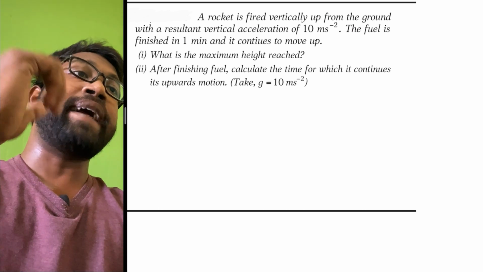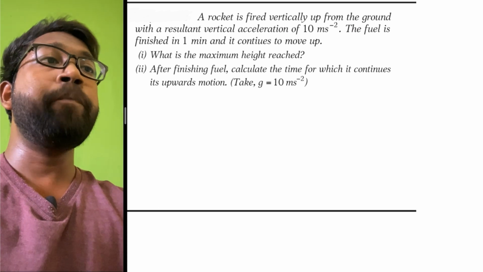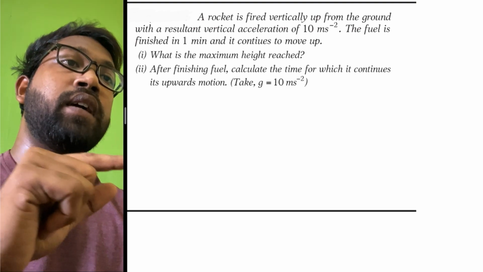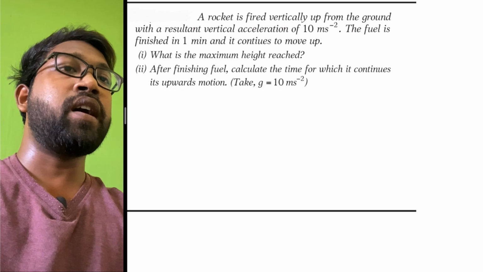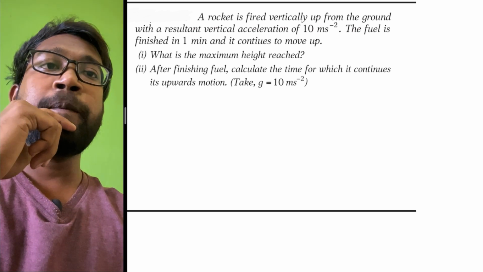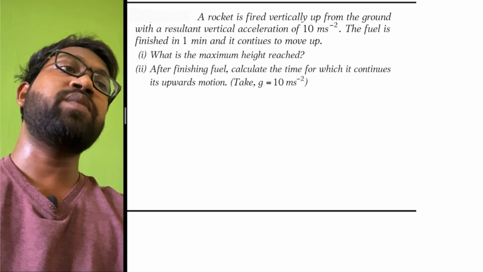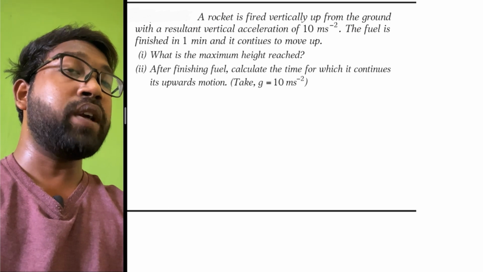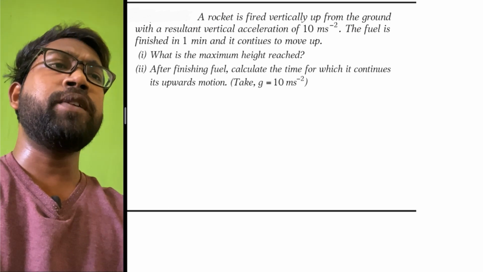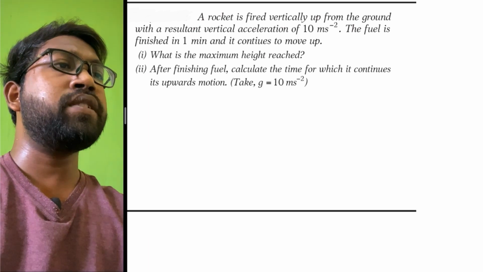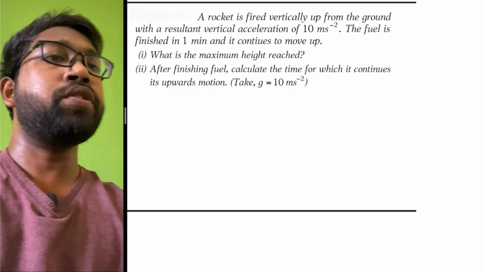From this data they are asking two questions. The first question is, what is the maximum height reached? The second question is, after the fuel finishes, calculate the time for which it continues its upward motion.